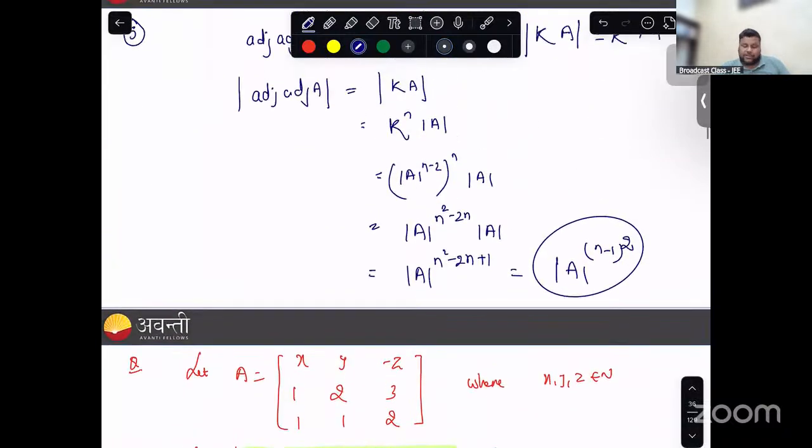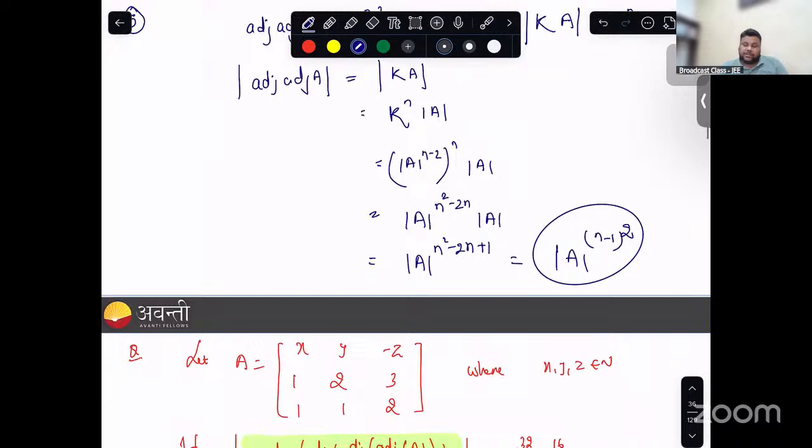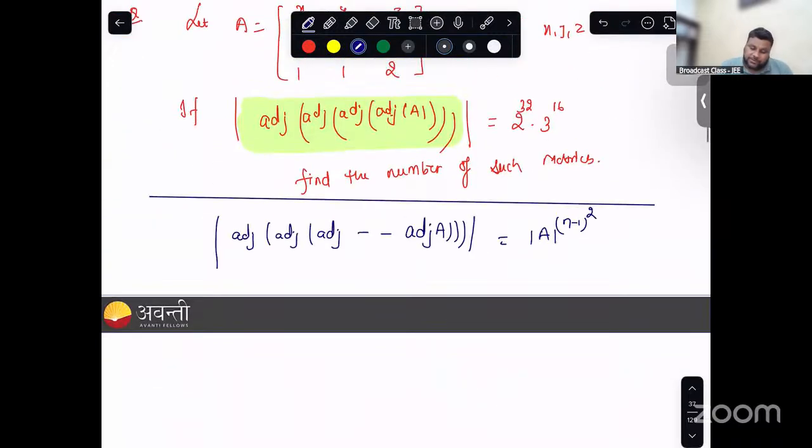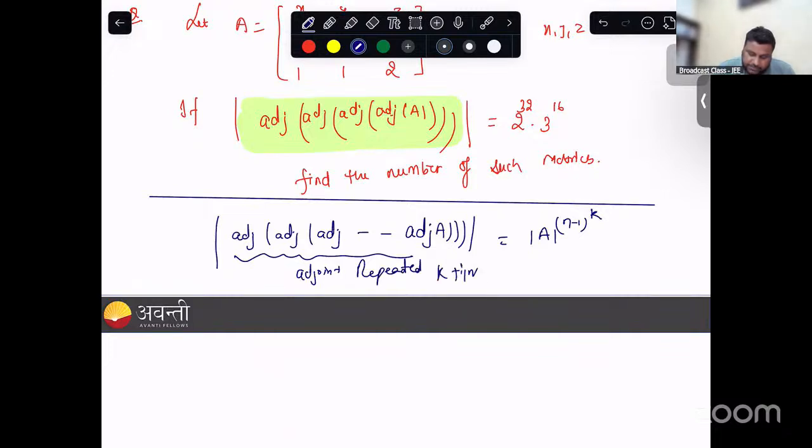While there were two adjoints, it was determinant of A to the power n minus 1 to the power K, where K is the number of times adjoint is repeated. Clear?